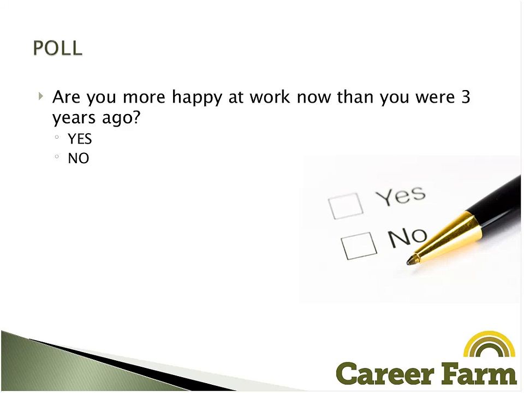So that looks like kind of yes and no. So some of you are and some of you are not. And I'm sure that the people who are happier at work now, it's because you've got a lot of the stuff that we know makes you happy at work.